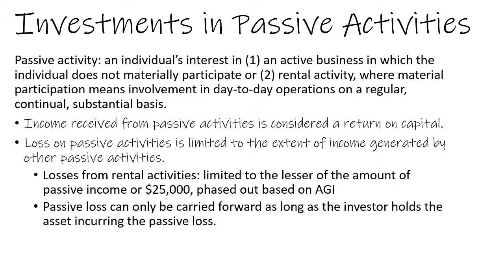A passive loss can only be carried forward as long as the investor holds the asset that incurs the passive loss. So, if you're holding an investment property and generating rents from that property, you can only continue to carry a loss forward until you sell the property. The minute you sell the property, you lose the passive loss carry forward opportunity.